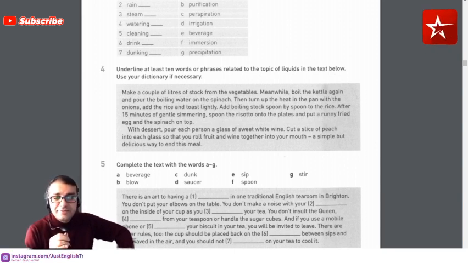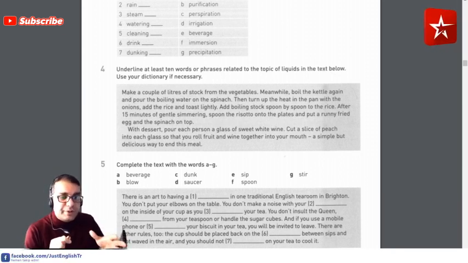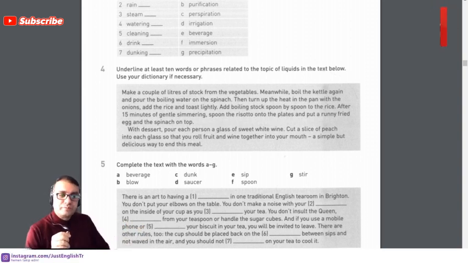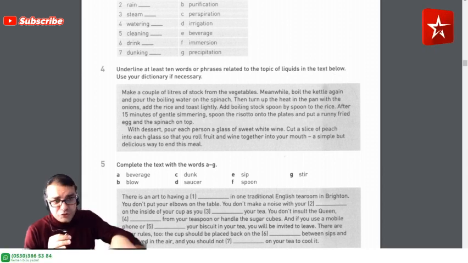What else? Come on, show me. Remember, time is ticking, so we need to find the keywords. This is how you will find the keywords, because the subject is about liquids. So I need you to mark all the keywords which are possibly related to the topic of liquid or a liquid form. Come on, show me something. What else? There are a few more words possible to use with liquid.